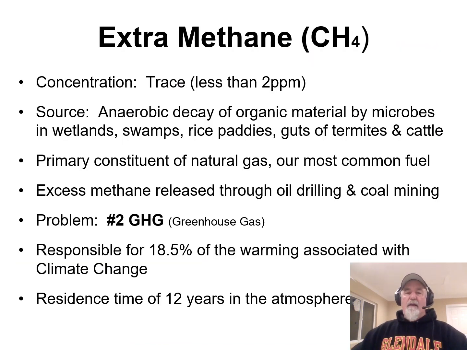Okay, extra methane. Methane is the number 2 greenhouse gas. Methane comes naturally from the decay of organic material in natural wetlands, but also in swamps and rice paddies. Anytime we have a swampy or rice paddy environment where the water sits still and vegetation falls down into that still water, it cannot decay very easily.